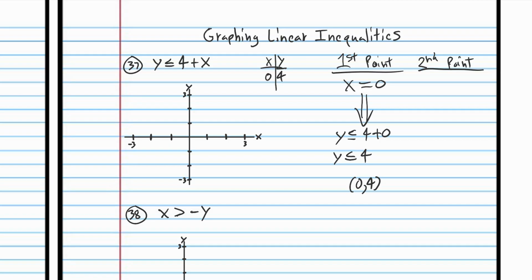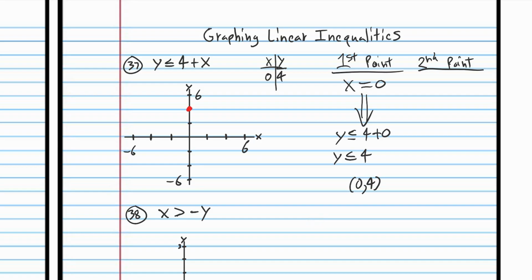But I just realized that we went out of our window there. So I'm going to have to change the window. You can either go back and do a different point, or you can change the window. It's up to you. So I'm going to make this 6. All right, so 0, 4 would be here.